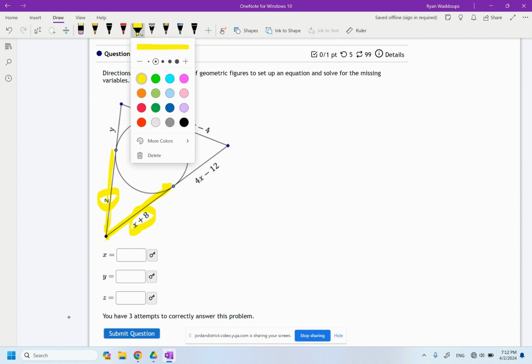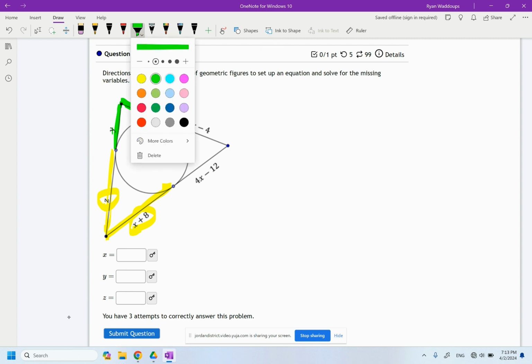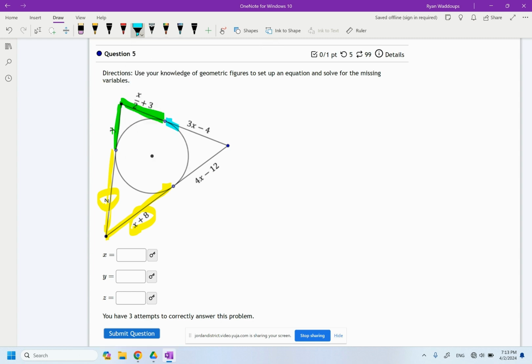This segment here and this segment here are also equal, but this has a y and this one has an x. That doesn't help me either. So I go over here, this segment and this segment are equal, and they both have an x. So that's where I'm going to start.